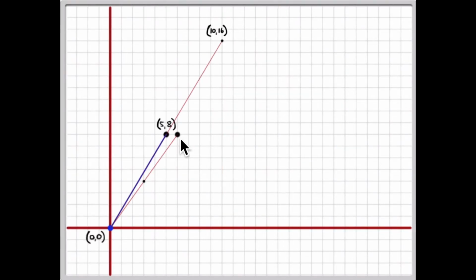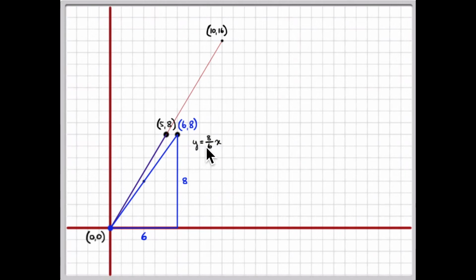So this vertical length is going to be 8/6 of this horizontal length. This is 6 units, 1, 2, 3, 4, 5, 6. And this length is 8 units. That's 8/6 of 6, which is the same as 4/3 of 6. This length is 8/6 of these 6 units.